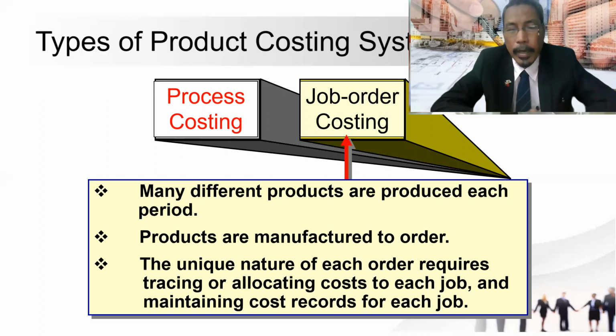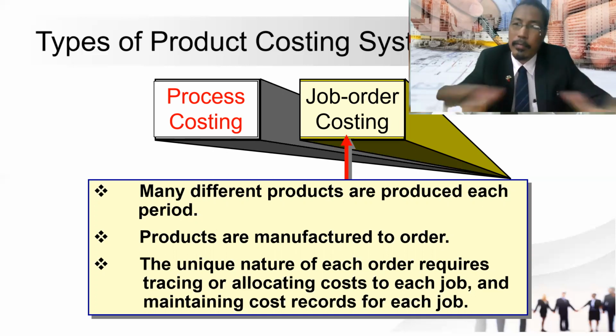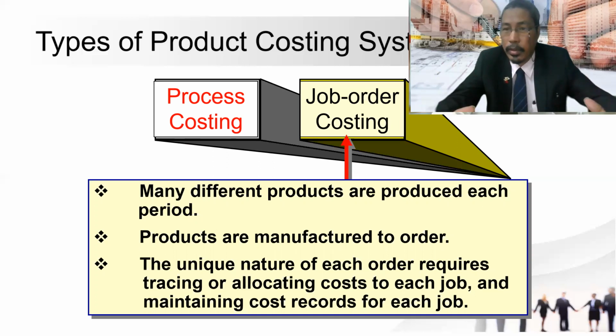But in job order, the company has many different products all at the same time, produced in the same period, simultaneously. Sometimes, for example, Reynolds produces one type of wrapper this month, then the following month another type of wrapper, depending upon the order. So it will adjust its manufacturing settings to the specification required by the client.